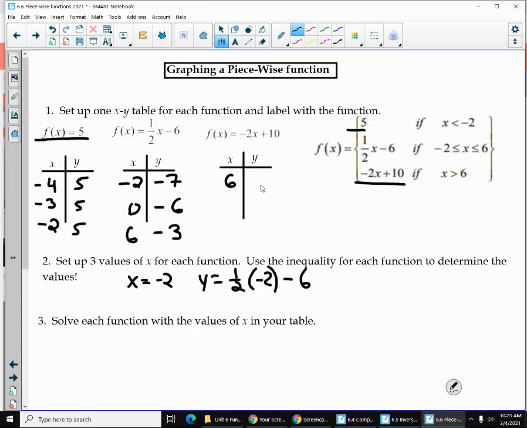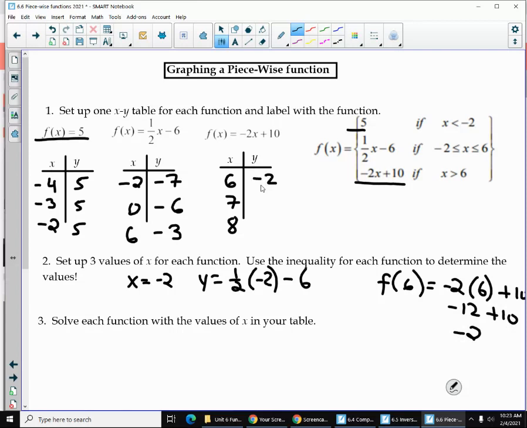And I will pick 7, and I will pick 8. So let's evaluate f of 6. Using the bottom equation, it will be -2 times 6 plus 10. -2 times 6 is -12, plus 10, which is equal to -2.